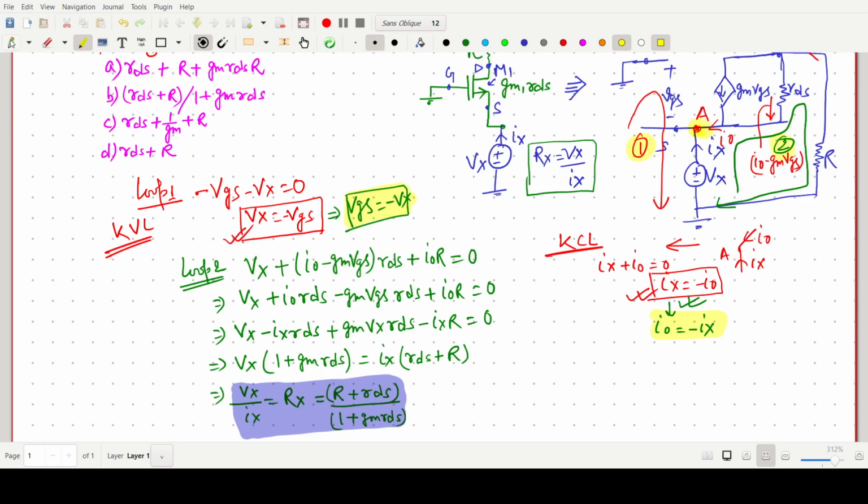So finally we will get the value of the Norton equivalent resistance.